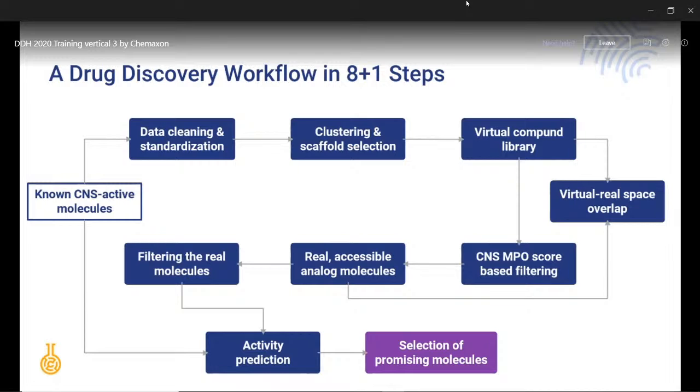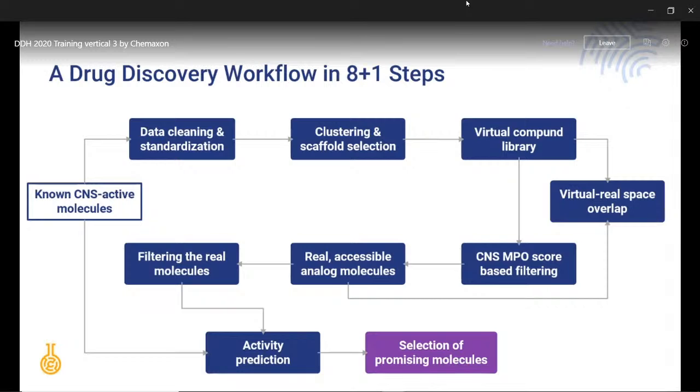So we are going to take these remaining virtual compounds and look for structurally very similar real compounds that we can readily access from vendor catalogs that offer real compounds for us.